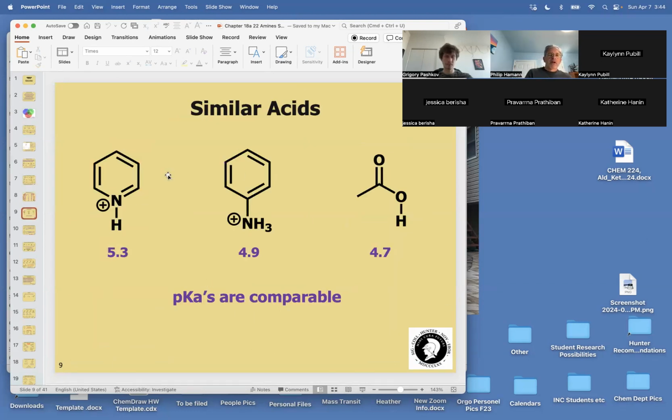The nitrogen in a pyridine is less basic because it's sp squared. The lone pair is out to the side of the ring, so it's not involved in aromaticity. Anilines are less basic.